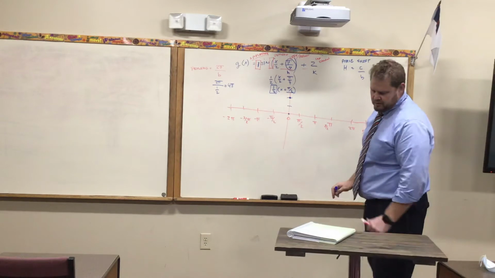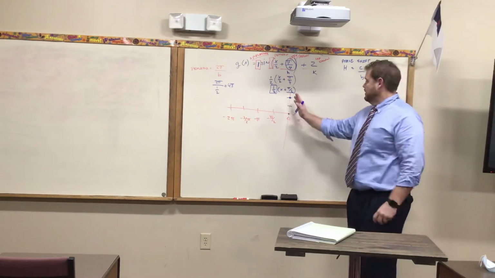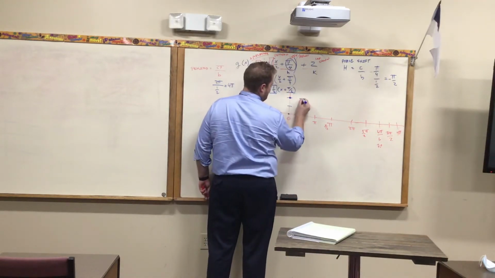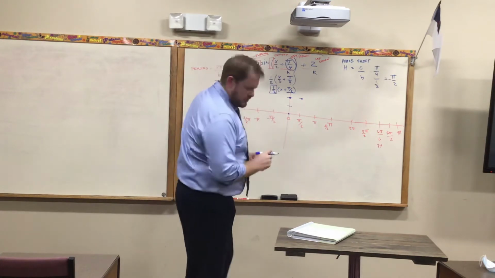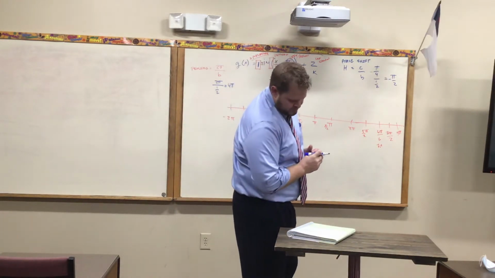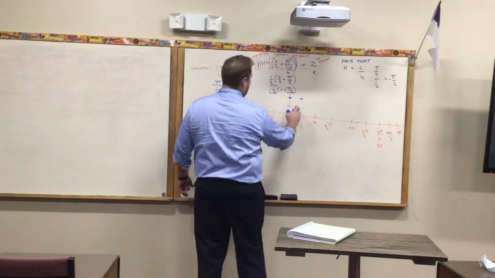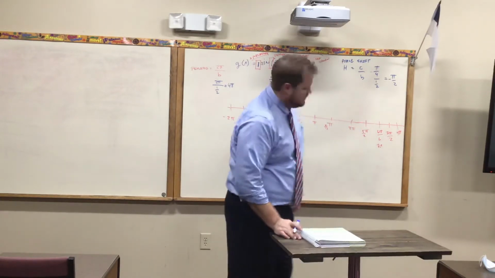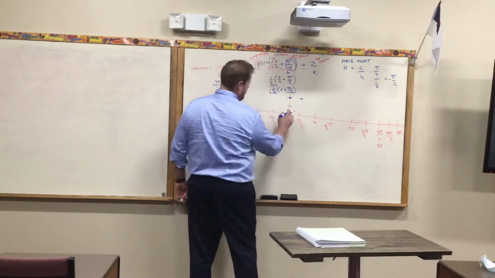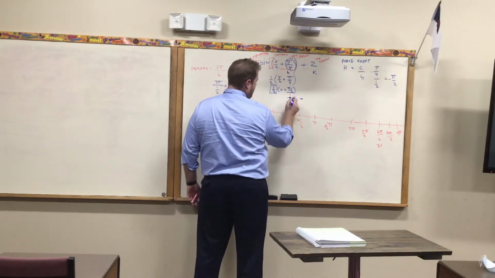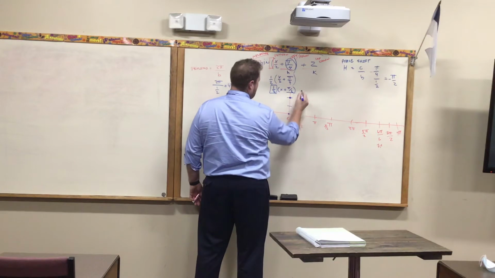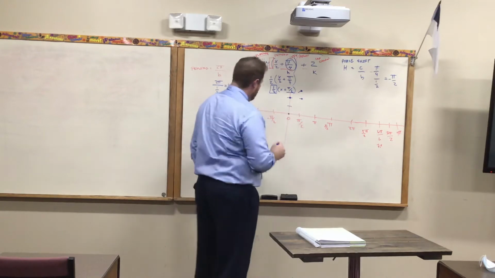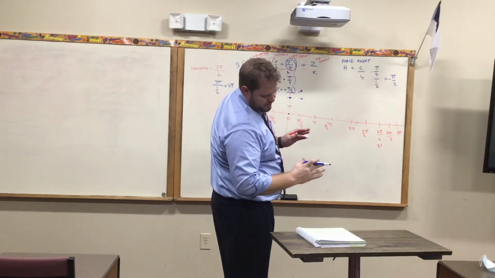So pi over 2. In other words, your phase shift, so you're not starting here. You're going to move it over how far? Right here. Okay? So it's going to start at pi over 2. Is this a cosine wave or a sine wave? Sine wave, right? So sine at 0, where is it? 1, right? So it's going to be here. What's it going to look like? Further and wider, right?